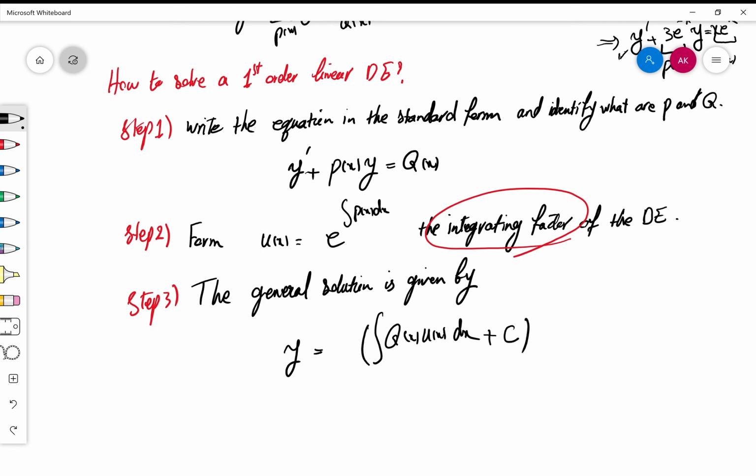When you did that, then multiply it by 1 over u(x). In other words, the general solution is going to be 1 over u(x) times the integral of q(x) u(x) dx plus c over u(x).